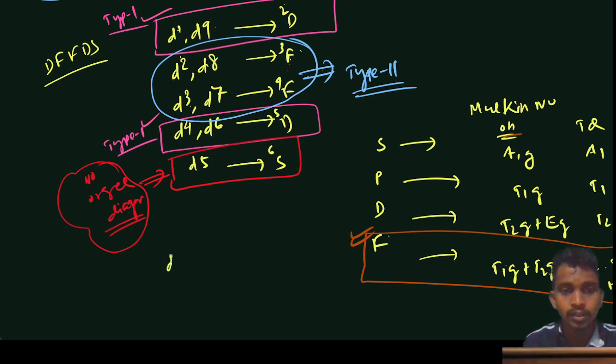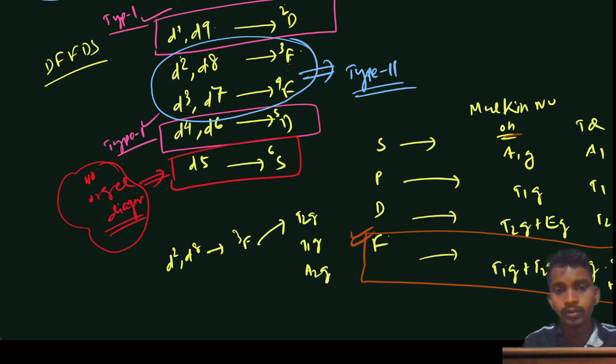So D2 and D8 fall on F3, and it has the spectroscopic terms T2G, T1G and A2G. Okay, so if this is 3, then I will write 3, 3 and 3.